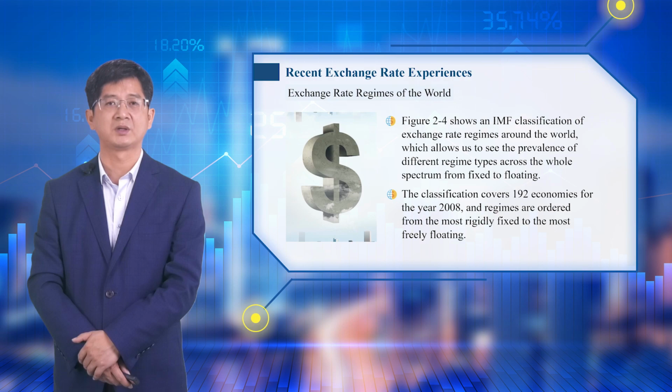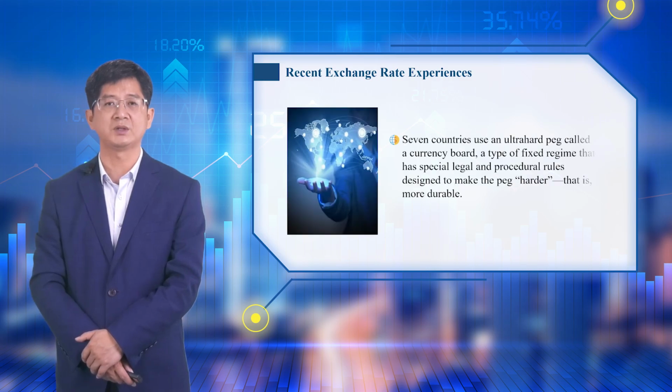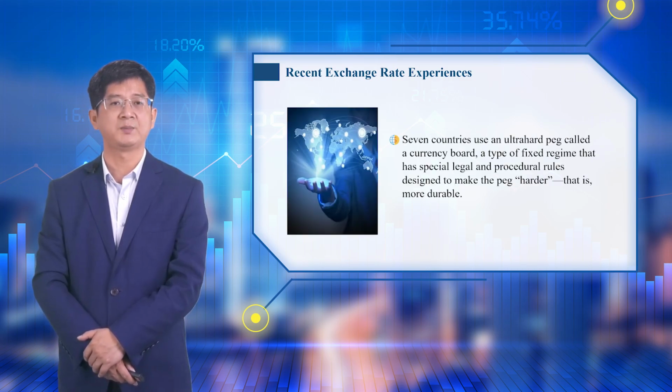The classification covers 192 economies for the year 2008, and regimes are ordered from the most rigidly fixed to the most freely floating. 7 countries use a hard peg called a currency board, a type of fixed regime that has special legal and procedural rules designed to make the peg harder, that is, more durable.